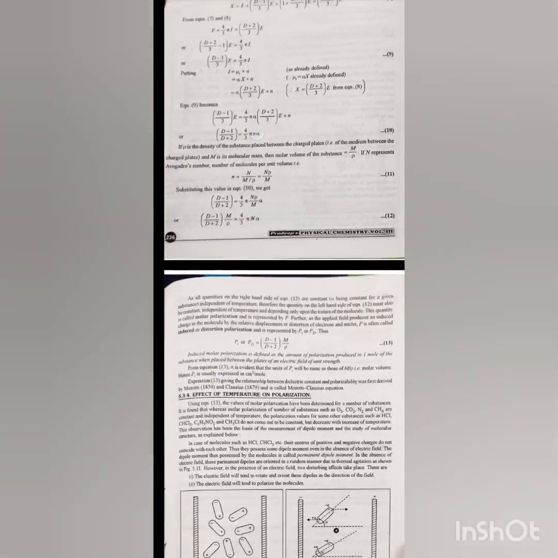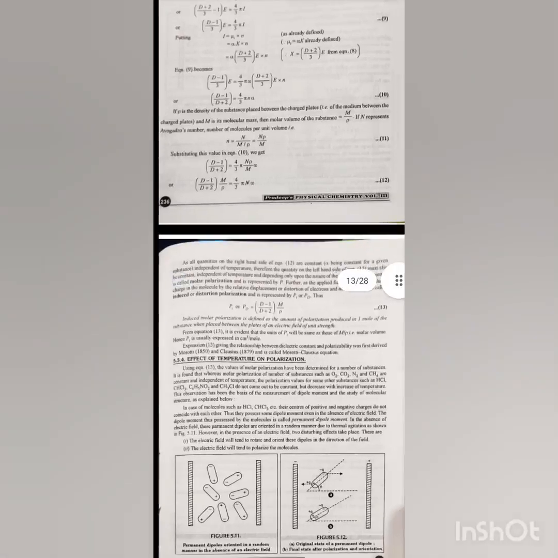If ρ is the density of the substance placed between the charged plates, that is, of the medium between the charged plates, and m is its molecular mass, then the molar volume of the substance is equal to m upon ρ. If n represents Avogadro's number of molecules per unit volume, that is, n is equal to capital N upon m upon ρ, which is equal to Nρ upon m, named as equation 11.